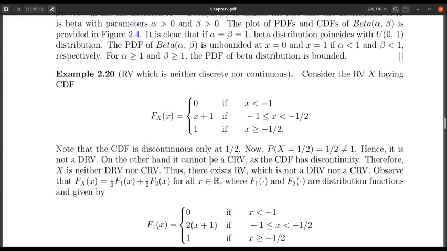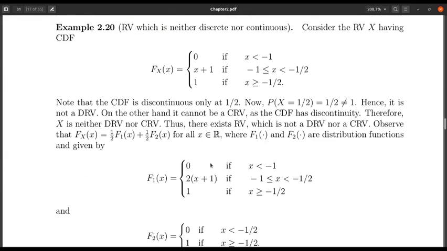Okay, so the next one is basically one example, and we'll stop then. This example shows that there are random variables which are not discrete, not continuous. We have seen two categories of random variable.